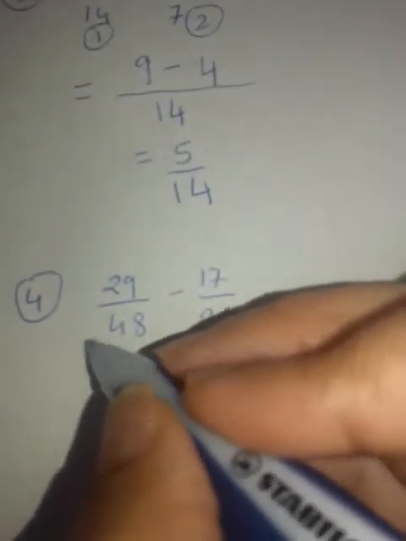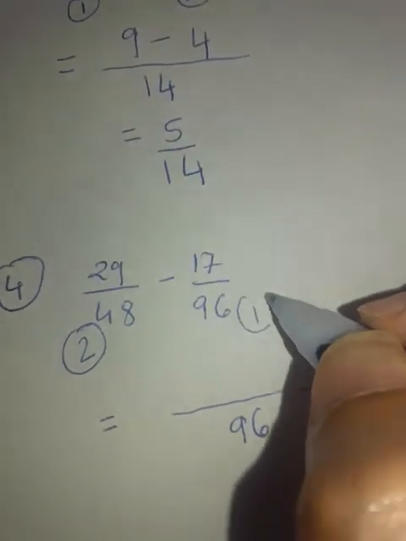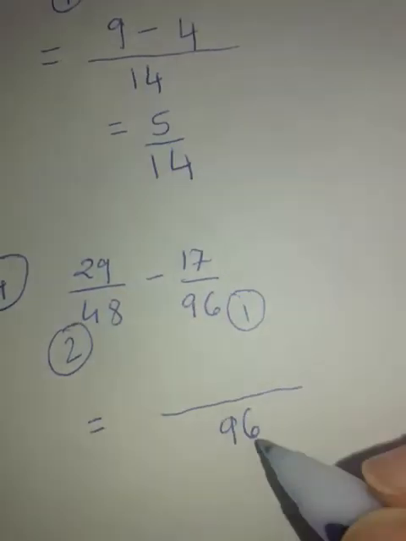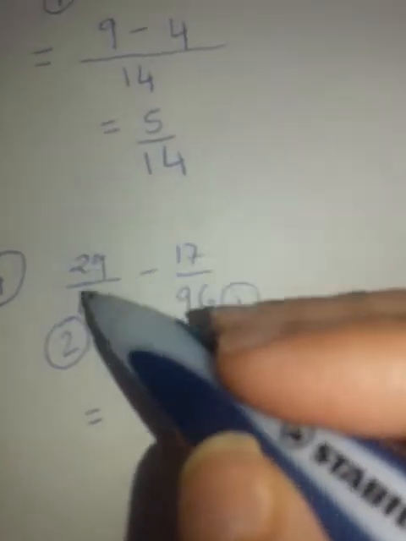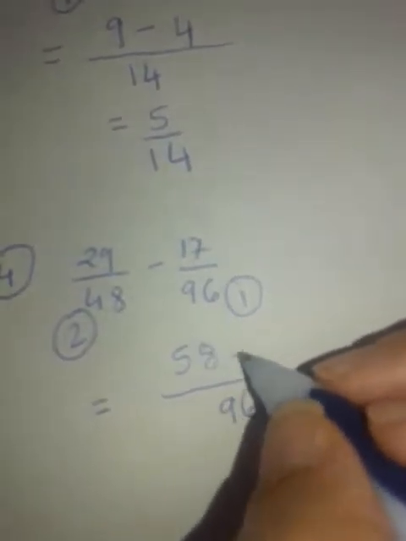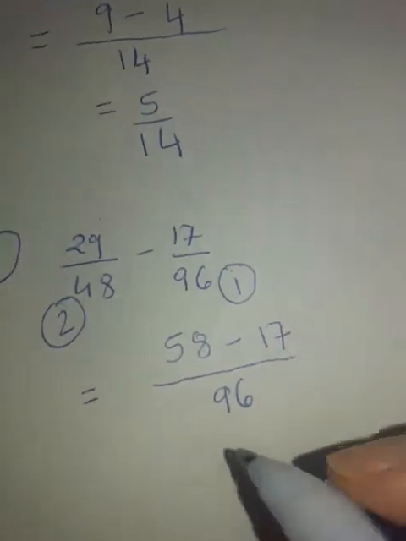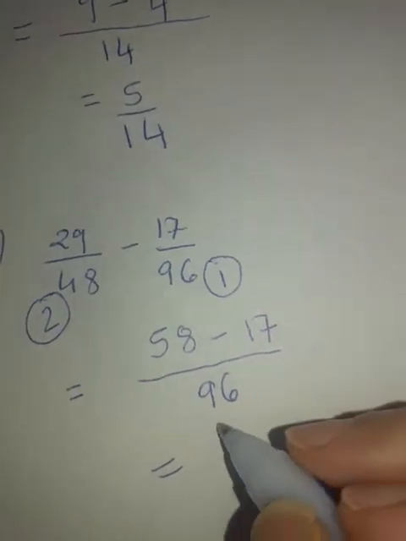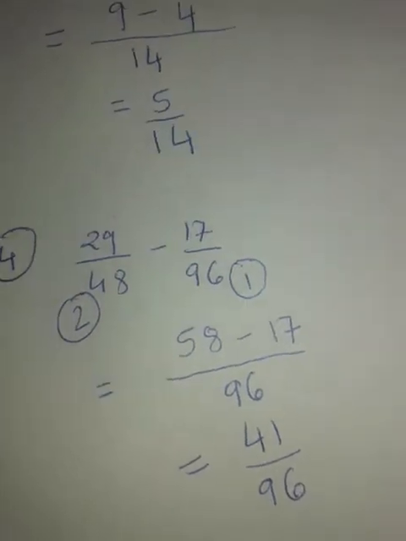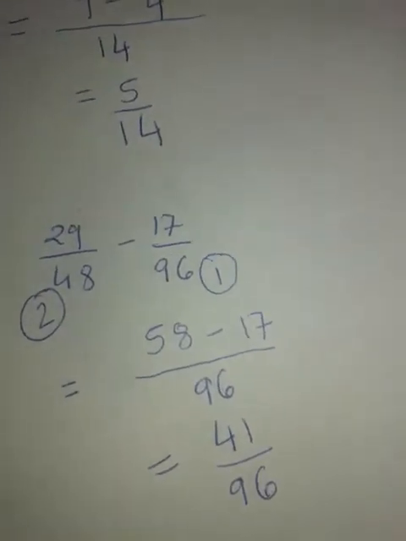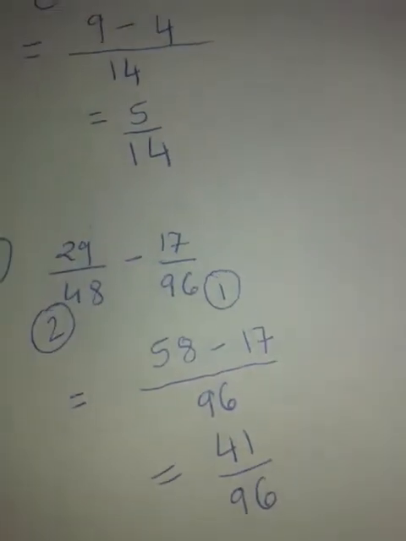This is 2s are and this is 1s are. 48 multiplied by 2 is 96, hence I am writing here 2. This into this is 58 minus 17. So answer is 41 upon 96. We saved our valuable time. If you had done the cross multiplication, it would have taken a lot of time.